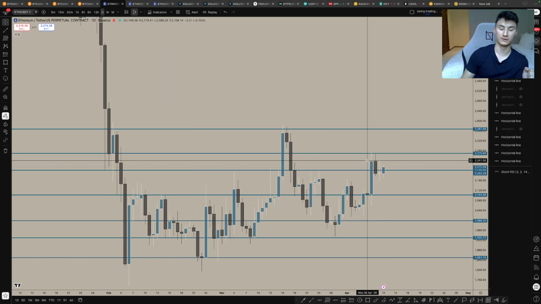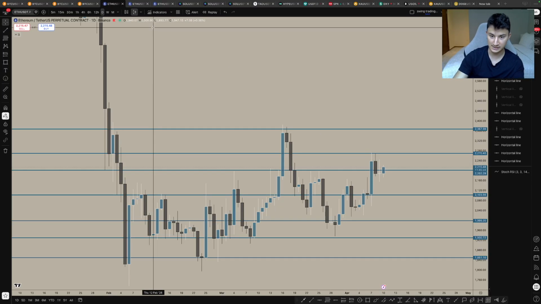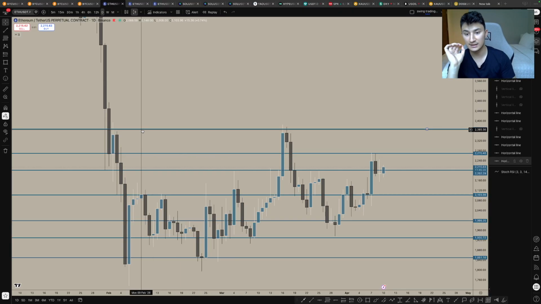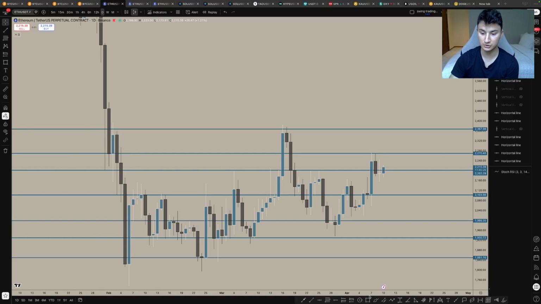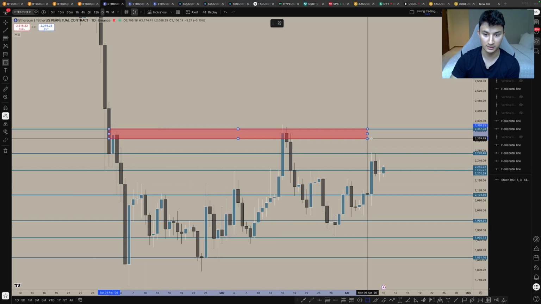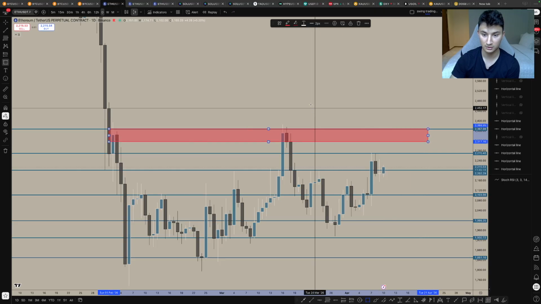Now here's the thing with SR lines. I hate calling them SR lines because they're not just lines on a specific price. It is an area, it is a zone. For example here at 2370, it's not just that exact price where you should short. You should take it like, let's say, all the way to this zone.